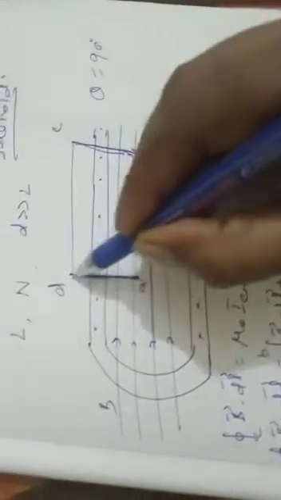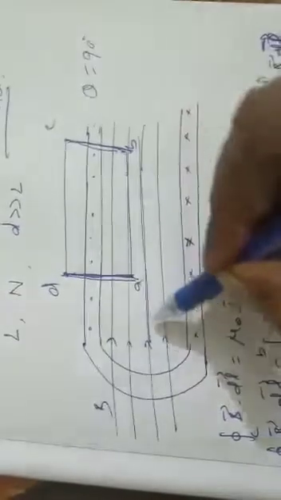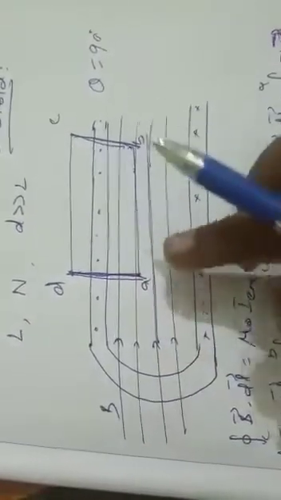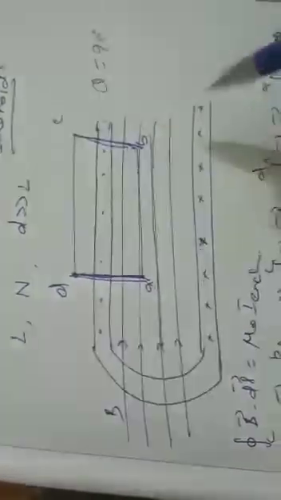on BC and DA will be perpendicular to the magnetic field, which is along the axis of the solenoid.